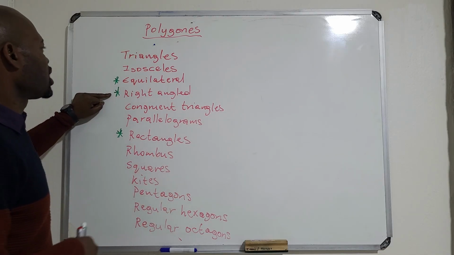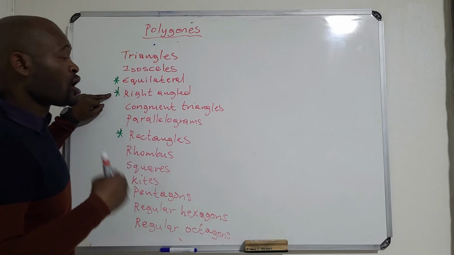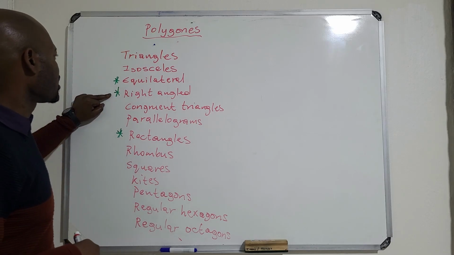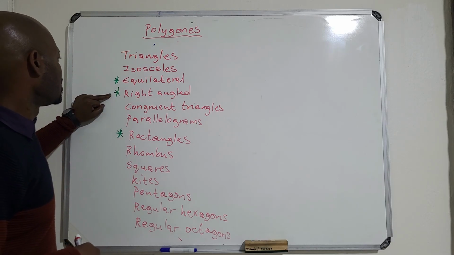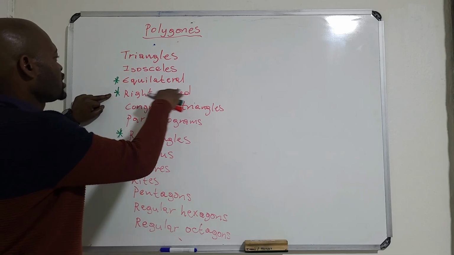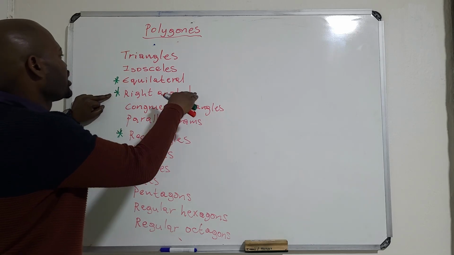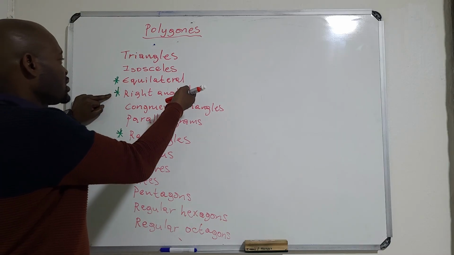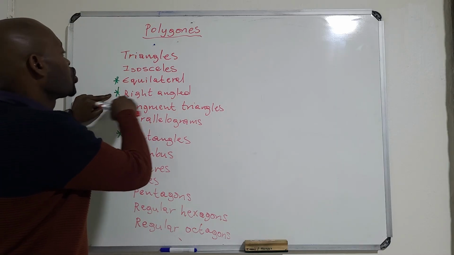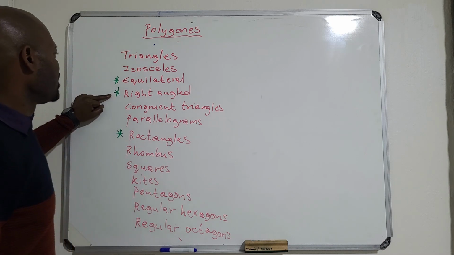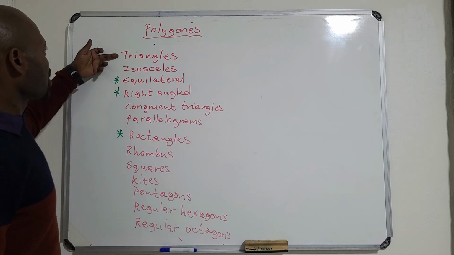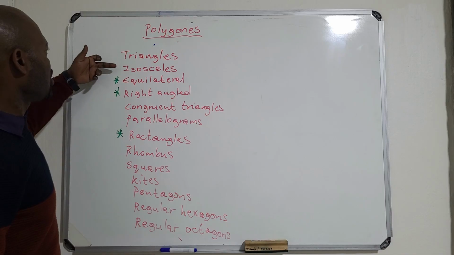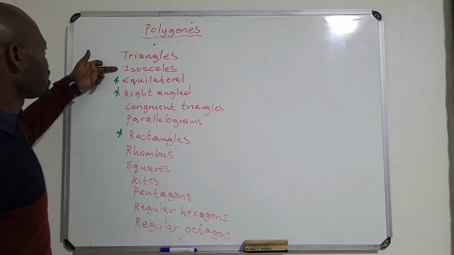I've just shown that not all right-angled triangles are similar. So you can also, as an exercise, check whether this is true, that some are similar, but not all are similar. As an exercise, you can check whether all isosceles triangles are similar.